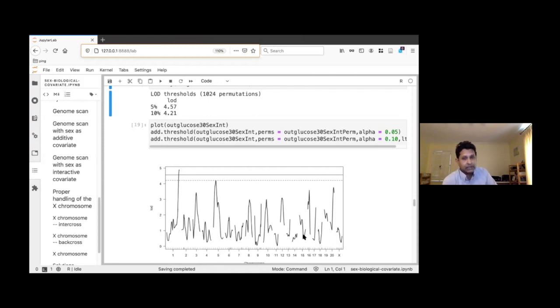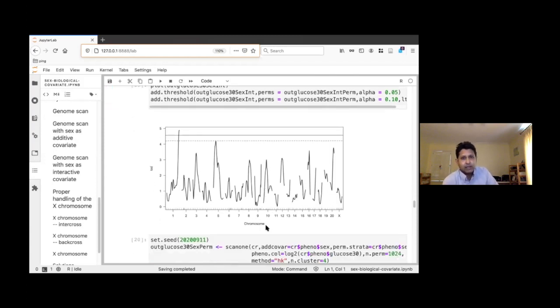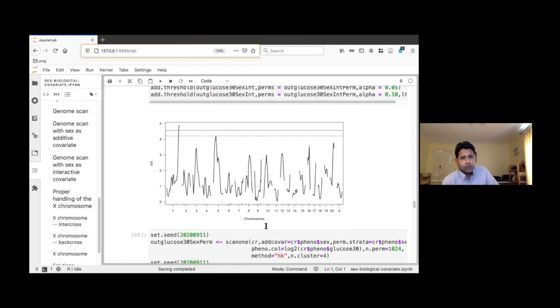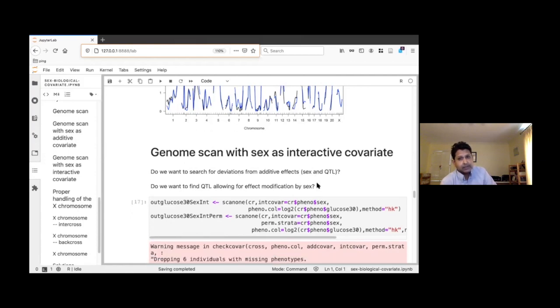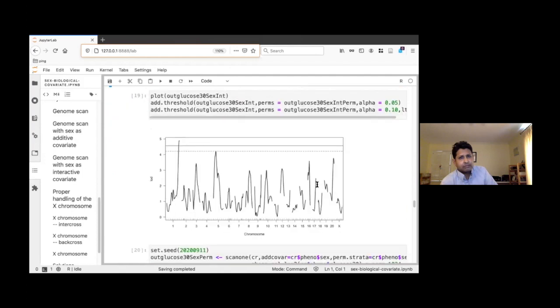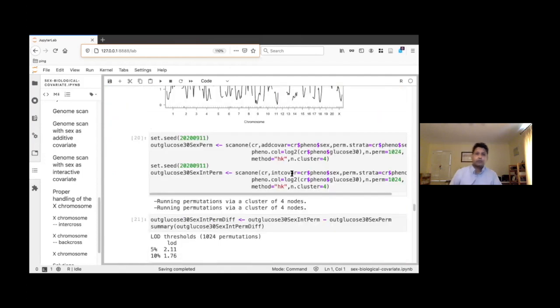If you want to do the other strategy that I mentioned earlier, that is, you are not searching for Qtl with a more complex sex Qtl interaction model, but just want to search for deviations from additivity, there's a slight trick you have to do in R/qtl.